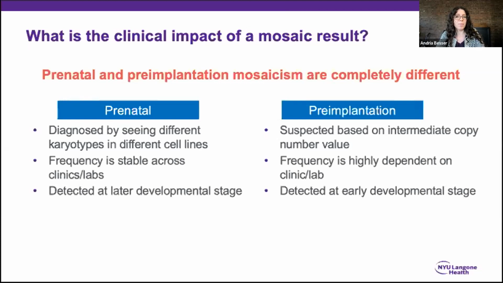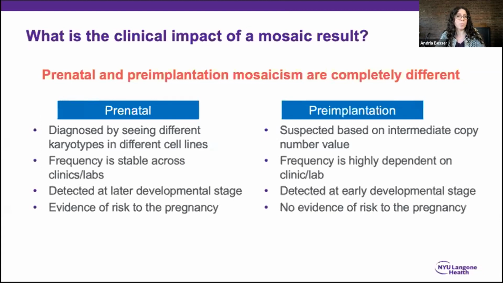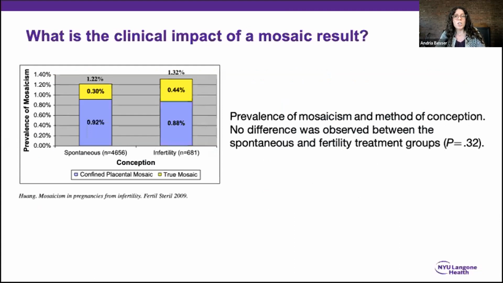Prenatal mosaicism is obviously detected at a much later developmental stage, and prenatal mosaicism has known risks, which we're not seeing with preimplantation mosaicism. So combine these differences with the finding that IVF pregnancies have not shown to have increased rates of either fetal or confined placental mosaicism compared to non-IVF pregnancies.